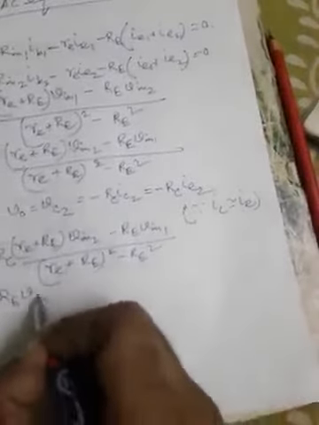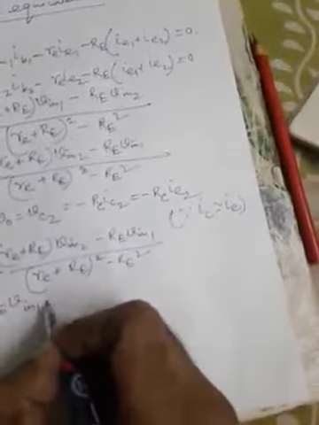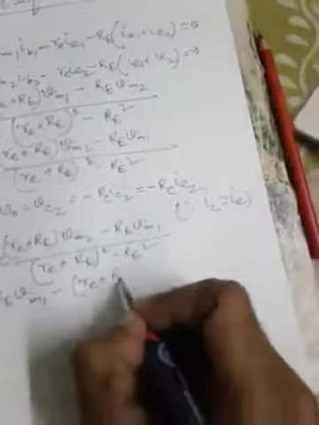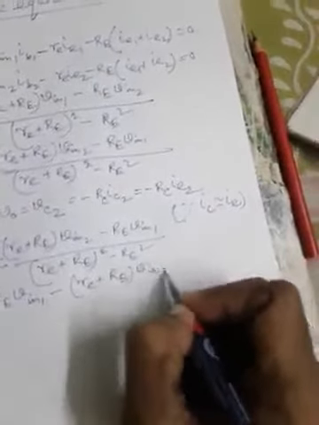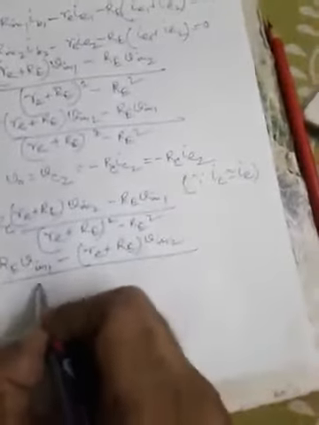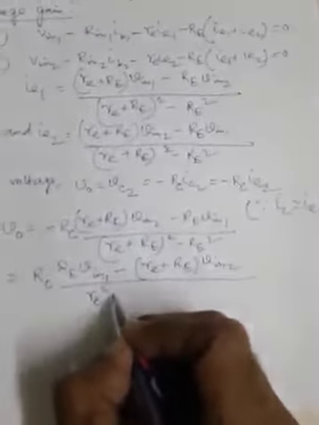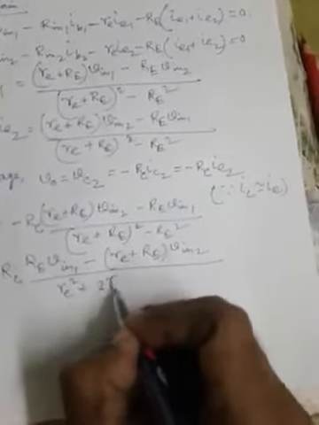Now if we simplify a little bit, that is, if we take this minus sign inside, VO can be written as RC outside, and this is RE V in 1 minus (RE plus re) V in 2, divided by, if we remove this bracket, RE square plus 2 RE re.